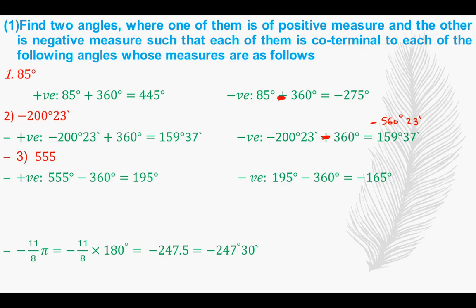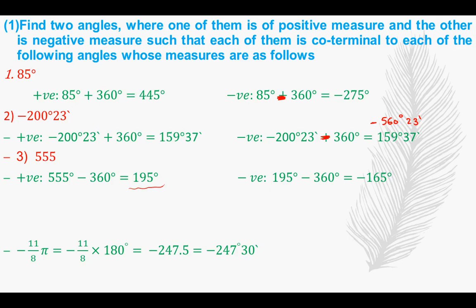So to put it between 0 and 360, you will subtract 360. So first, you take the angle 555 and subtract 360. So this equals 195.